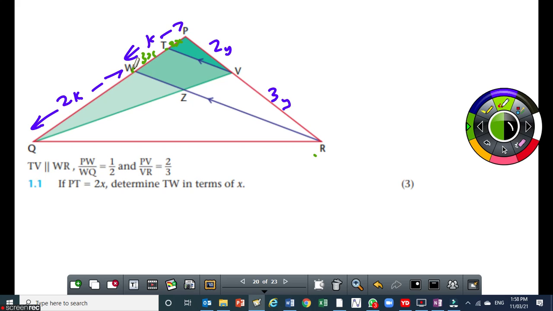So it says determine. I'm just talking now, I'm going to write it down now. So I'll say in triangle PWR, I have identified the triangle. That's the first thing. And I've also put all my lengths in terms of the constants.